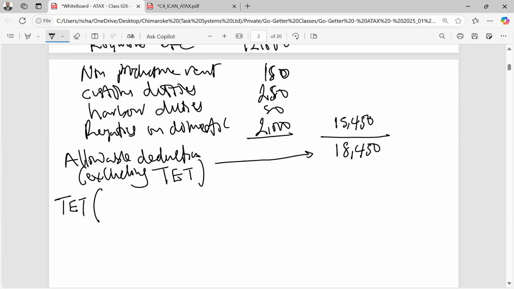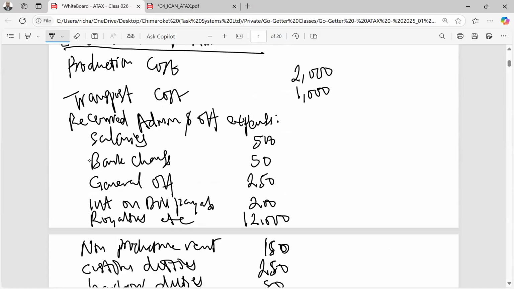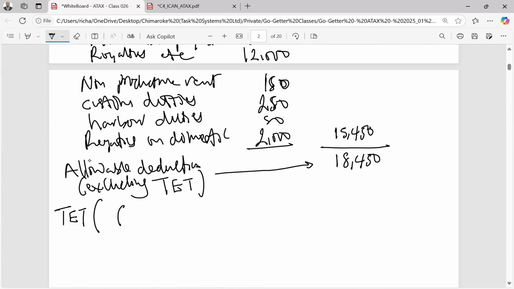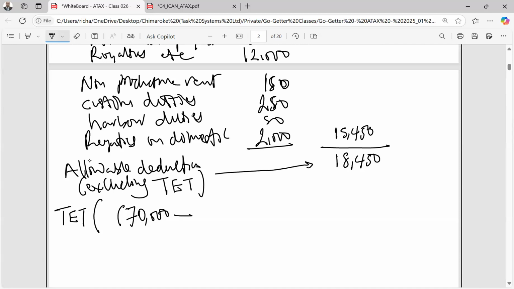So what it means here is this. Our accessible profit here is supposed to be 70,000 minus 18,450.